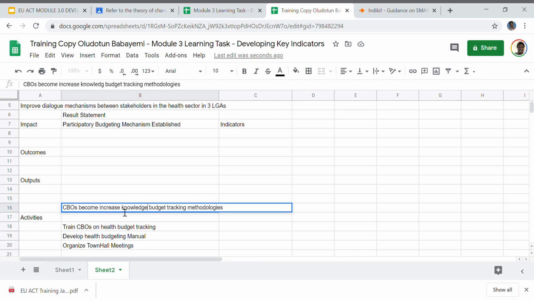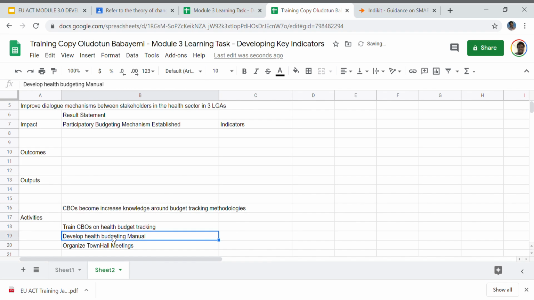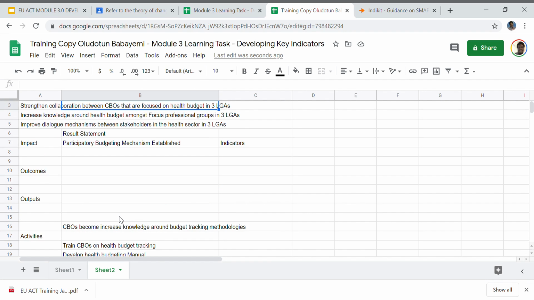Knowledge around, right? Health budgets, develop health budgeting manual. Who are these people? Professional groups.